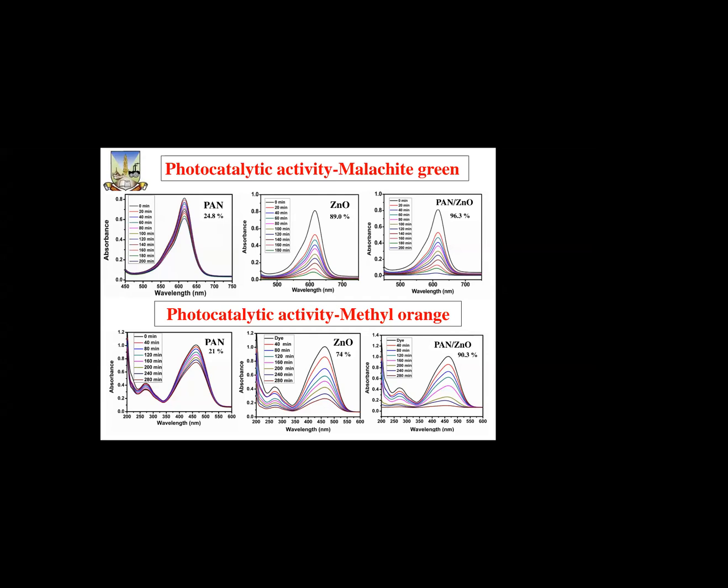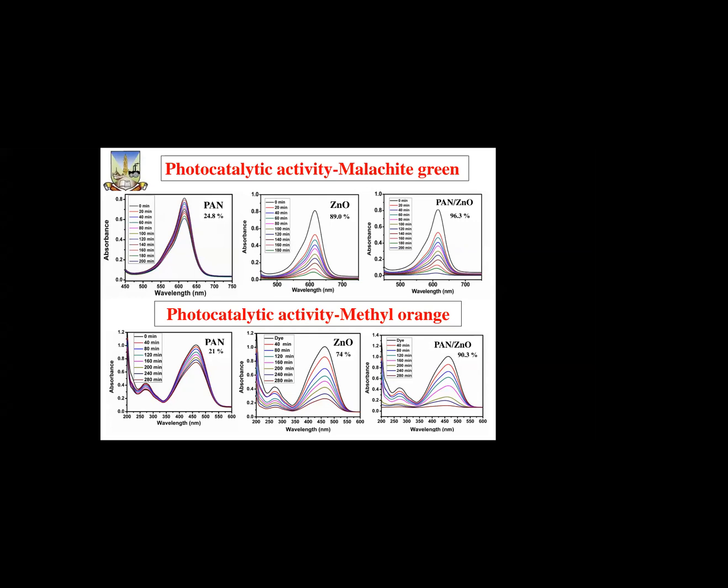Zinc oxide gives 89% degradation. But when you use PAN zinc oxide nanofiber, the degradation of malachite green increases up to 96.3%. The same study we have performed with methyl orange. PAN gives 21%, zinc oxide gives 74%, while PAN zinc oxide gives 90.3%.